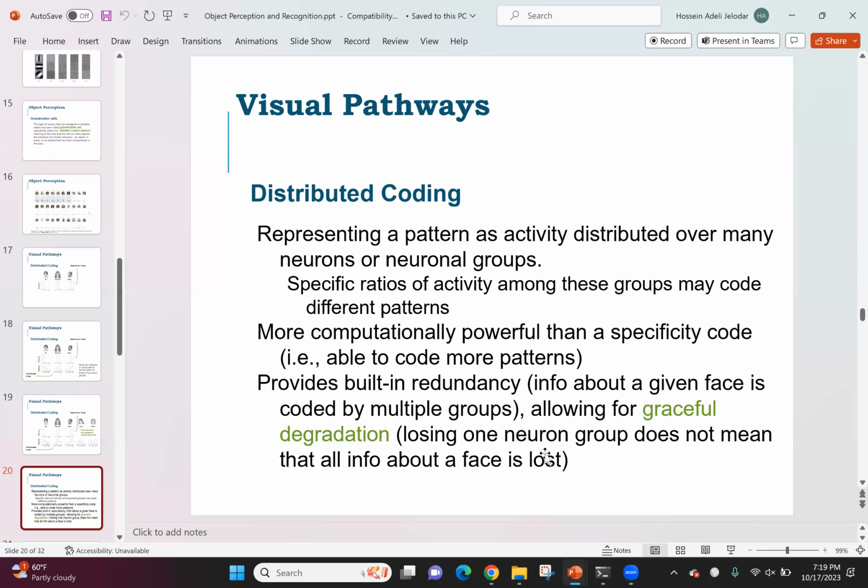You lose that, you still have a nice distributed coding of that concept. So distributed coding, in the brain and in the world, it doesn't have to be in the brain, gives you a more graceful degradation, but also gives you more computational power. You could code for more information using a distributed coding.